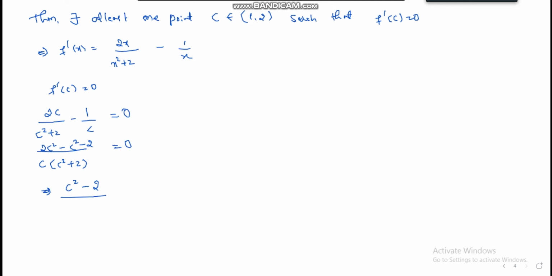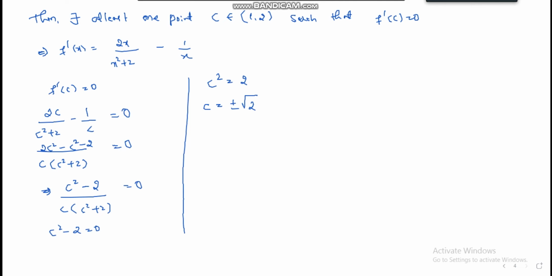Transferring c into c square plus 2 to the other side, c square minus 2 is equal to 0. So c square is equal to 2, and c is equal to plus or minus root 2.